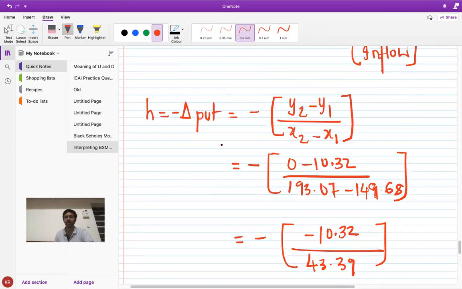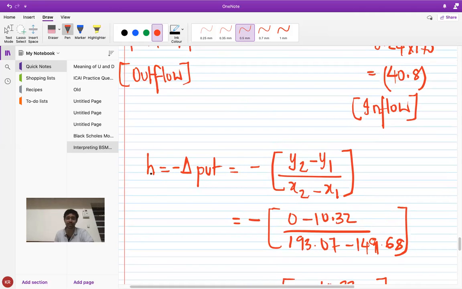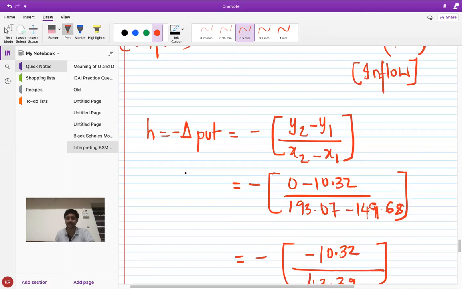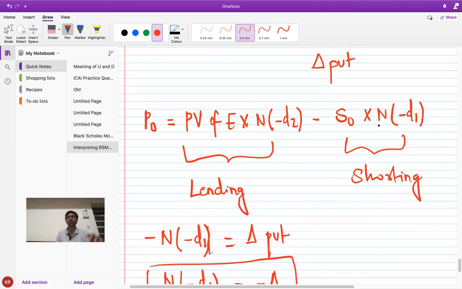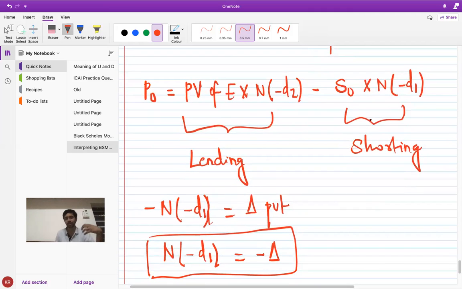Above also you were shorting H shares, where H was minus delta. And in Black-Scholes also, you're shorting H shares, or you're shorting minus delta shares, where minus delta is nothing but N of minus D1. That shorting is represented by a minus because it indicates a cash inflow.